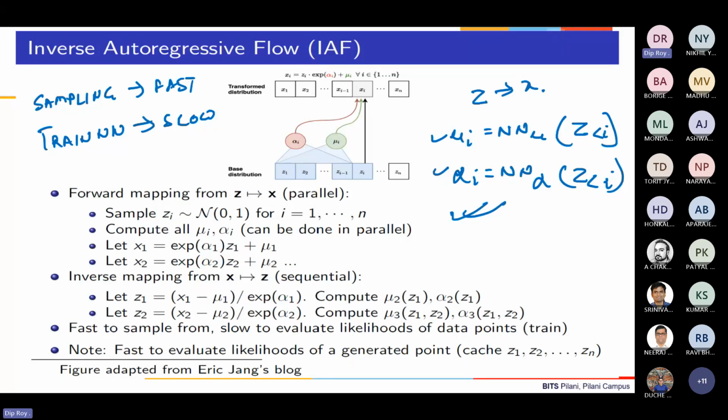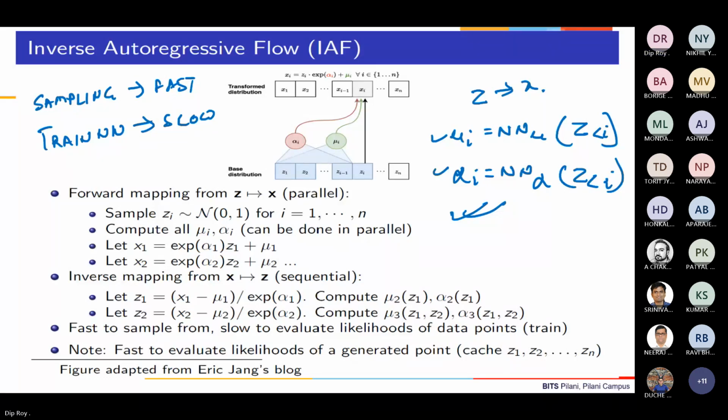So the key difference between these two is that during training in IF, we are not sampling Z from the base distribution. Instead, we are computing Z from a given point X using the inverse transformation. So these two types of architectures, MAF and IF, are forms of autoregressive models.